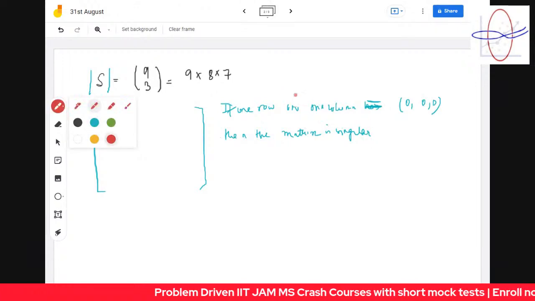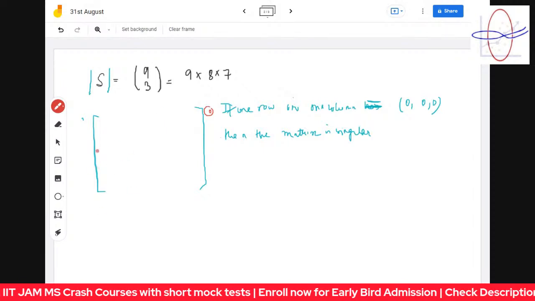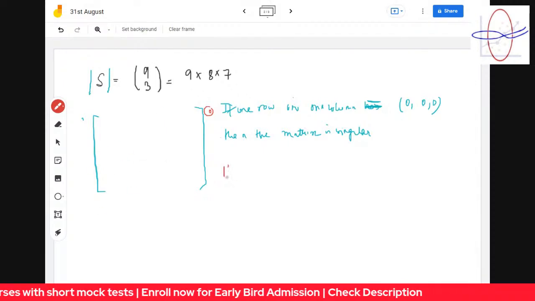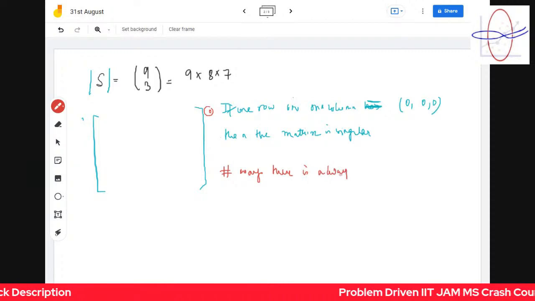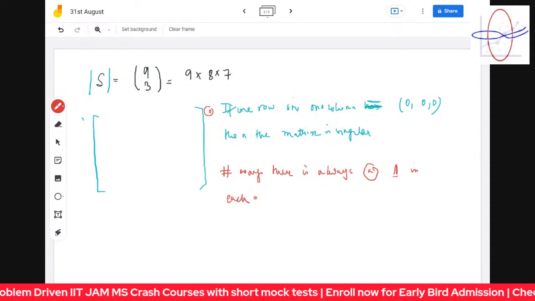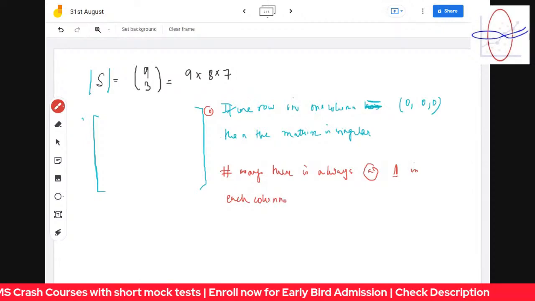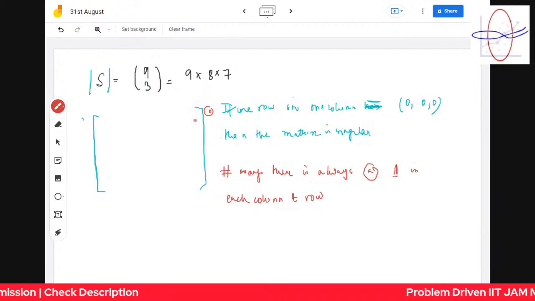Now understand that we are trying to find the number of ways such that there is always a 1 in each column and row. That's the idea. If it is not there, then that column has 0, 0, 0 or that row has 0, 0, 0, which means it is not invertible. So we want the number of ways there is always a 1 in each column and row.